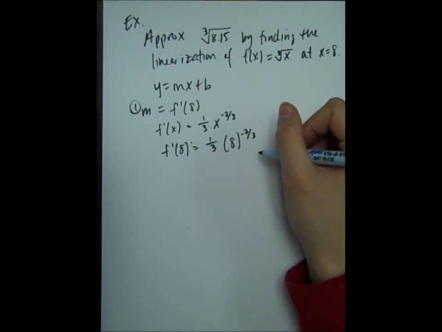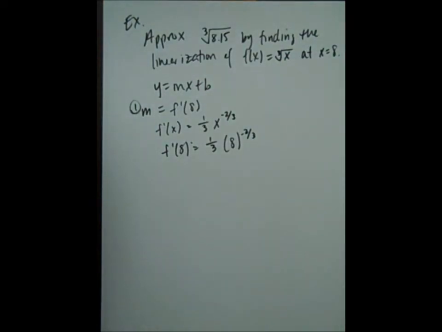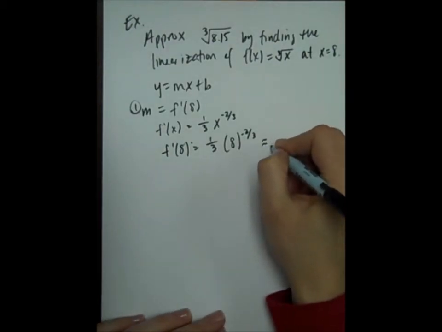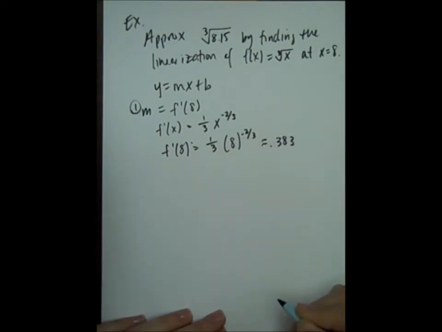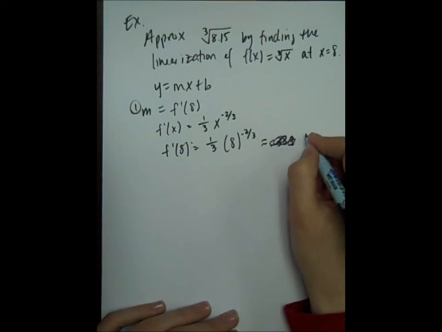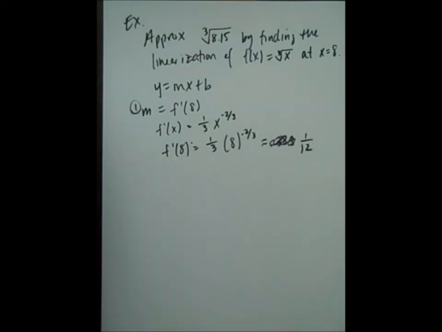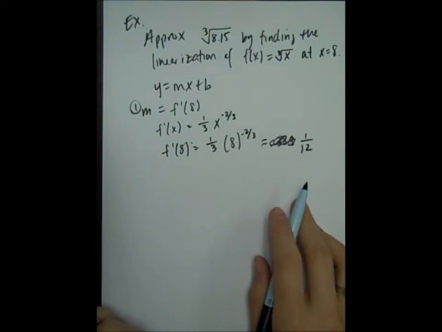Let's plug this into our calculator. Oh, nope, I did that wrong. 8 to the negative 2/3 is 1/4, times 1/3 is 1/12. Yeah, I plugged that in wrong. So the slope of my tangent line is 1/12.